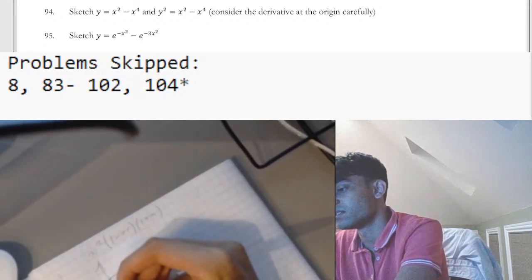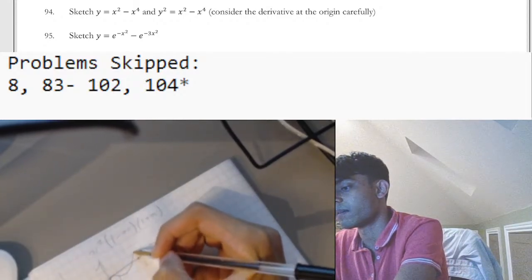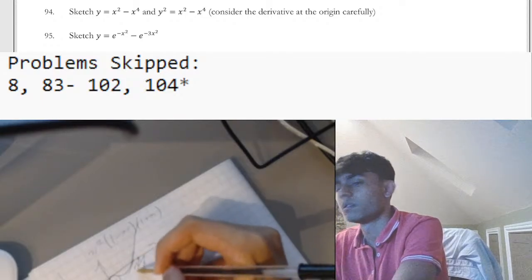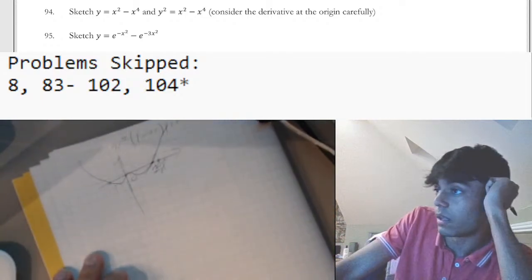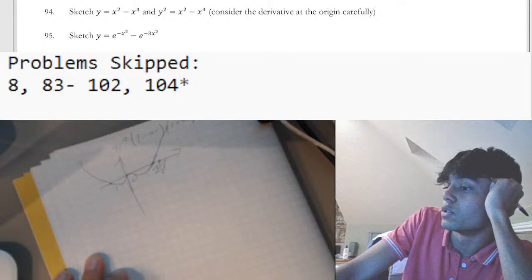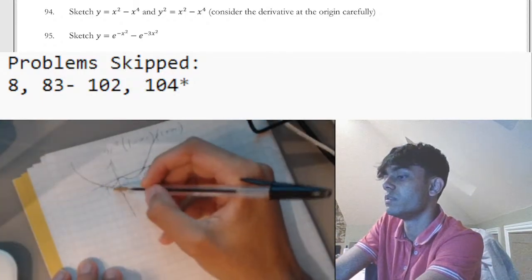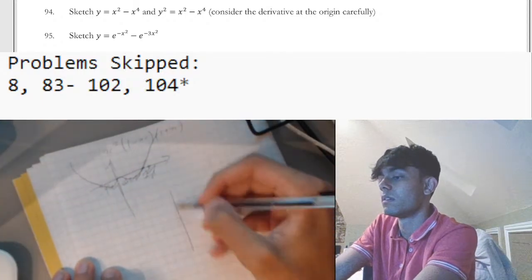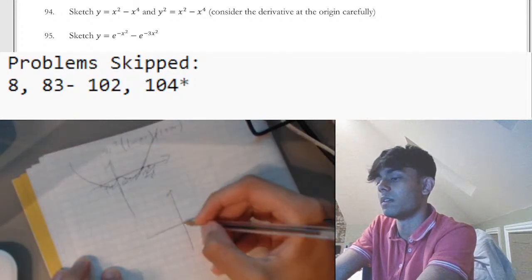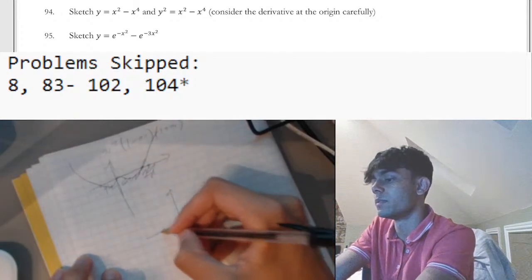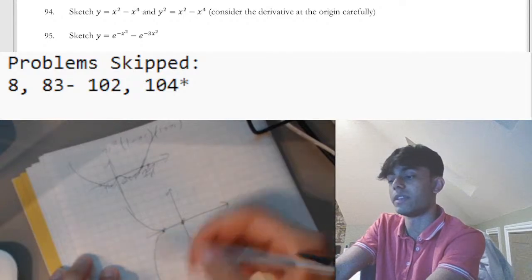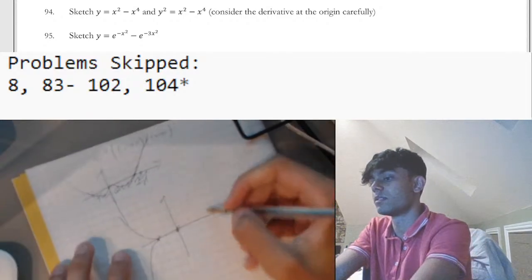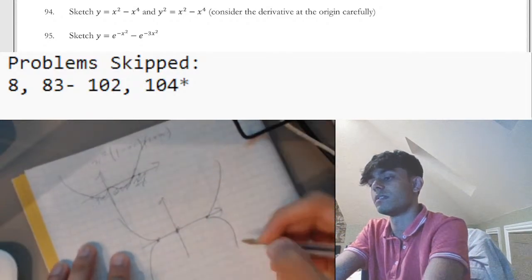It's going to be something like this. And if you square root this, these regions are illegal, so it's going to be a dot here. It's going to look like this, and you can have the negative version as well. It's going to be like this and then like this.